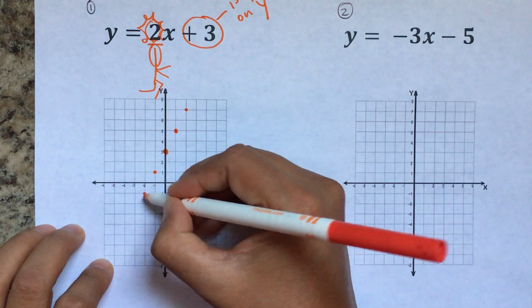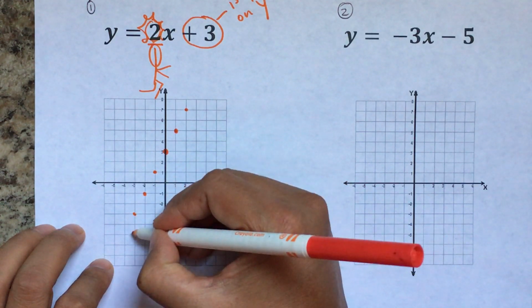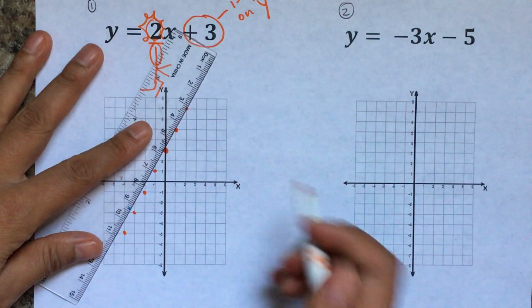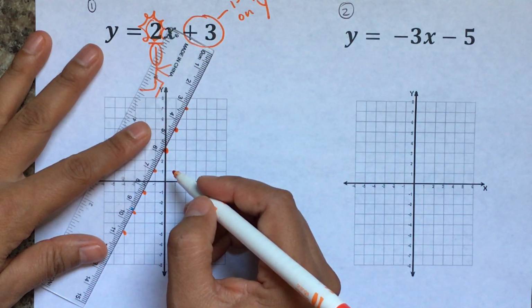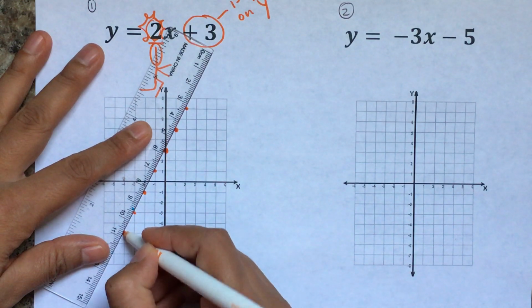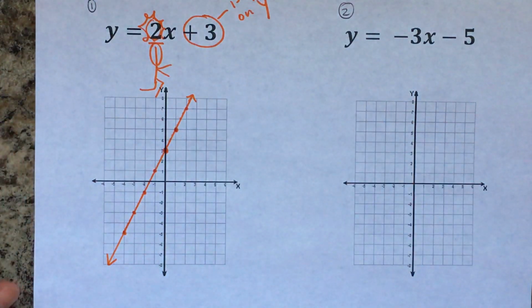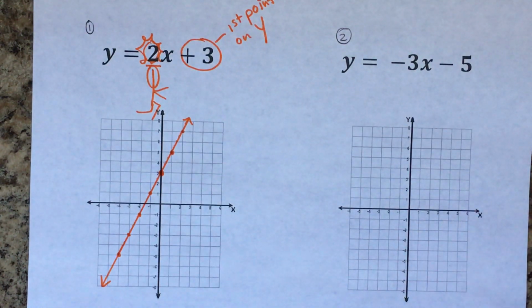Okay? And it's the same line. 2 down, 1 left. 2 down, 1 left. And so we graph this point right here, and that's my line. That's all I have to do to graph with the slope-intercept.